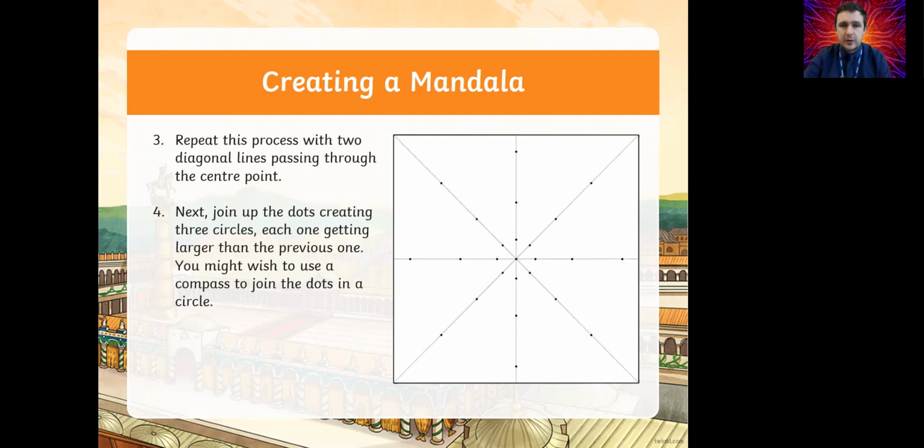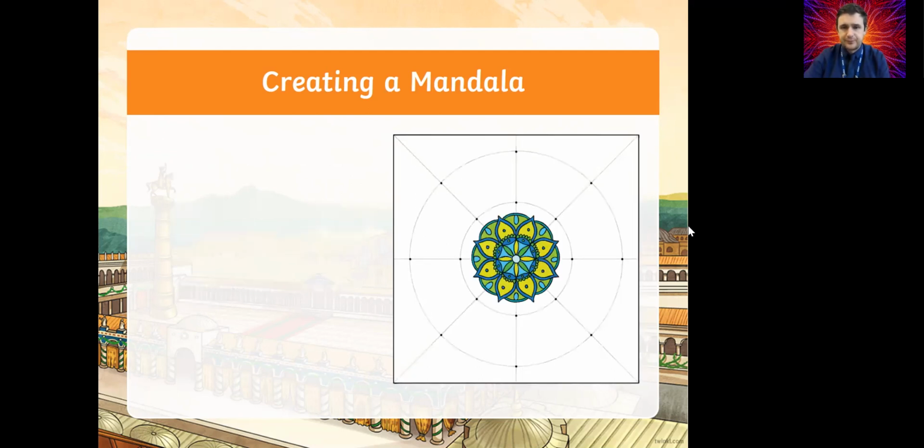Then you repeat that process with diagonal lines going through the center point, and you can see this pattern starting to emerge. Next, it says join up the dots, creating 3 circles. You'd have 1 circle here in the center, 1 going around the middle here, and then 1 around the outside there. There you go. You see the circles.